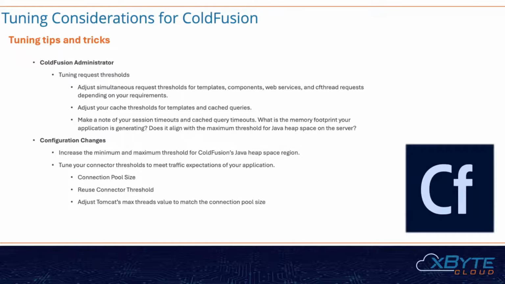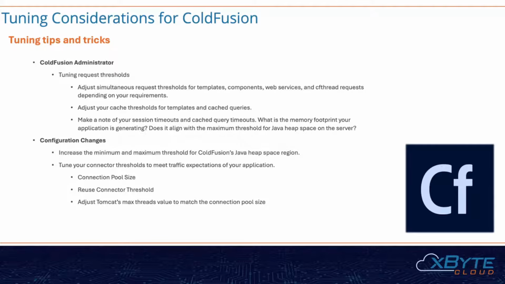There's also the connector thresholds. These are the connectors that interact with the web servers when they receive traffic, and it gets passed off to ColdFusion for processing. There are connection pool limits, or how many simultaneous requests can be supported. All of those values can be changed.